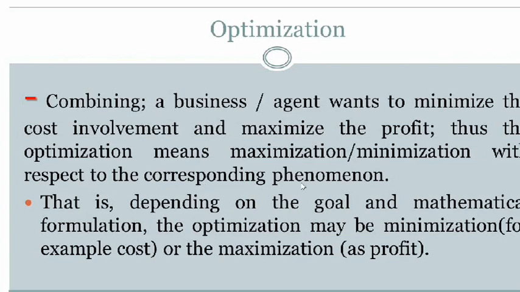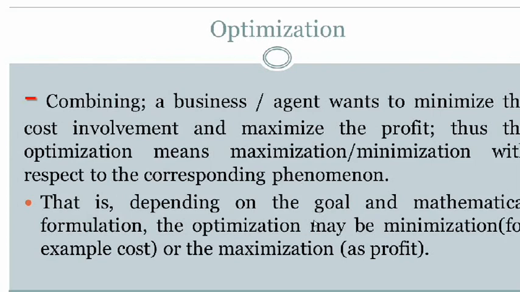That is, in a particular phenomenon, one objective may be minimized, and in another phenomenon an objective may be maximized, and both are used for a particular objective function.